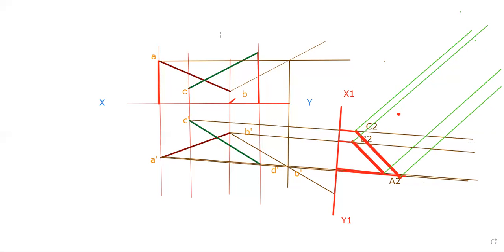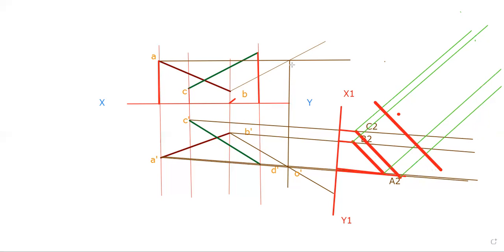The next step is to establish my auxiliary inclined plane. So for that, I'm going to draw a line here. This line should be perpendicular to these lines.